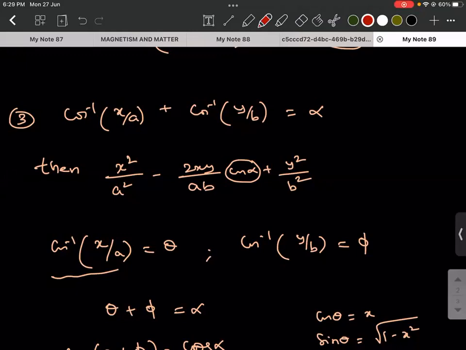Alpha. Try it like that and see what you will get. Just try to. You might get something new out of it.